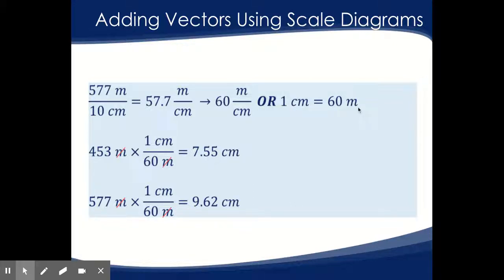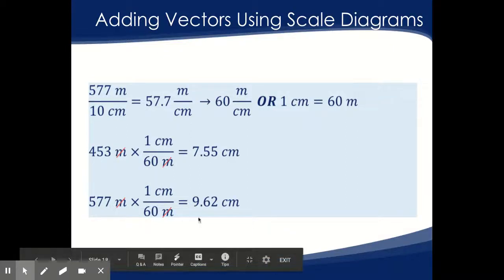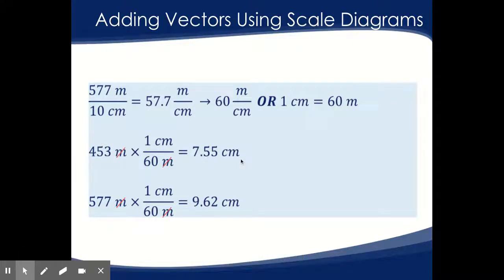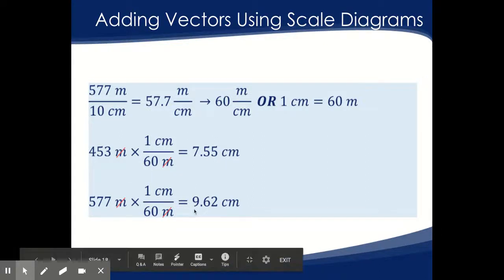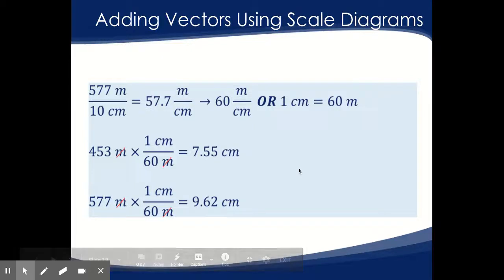So 60 goes on the bottom, 1 centimeter goes on top, and you multiply 453 times 1 divided by 60. Same thing for the other. When you scale down your values, in this particular example the X variable is 7.55 centimeters and your Y variable is 9.62 centimeters.